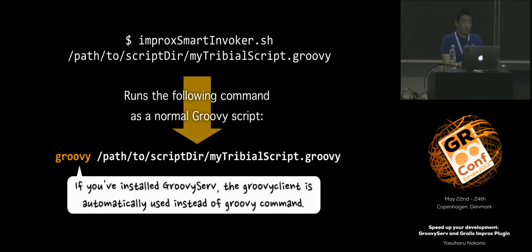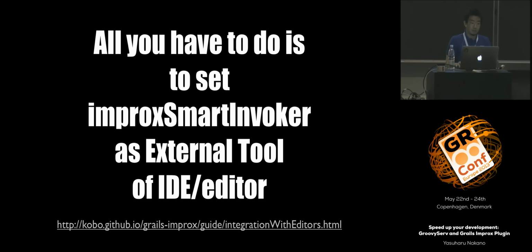In addition, if you install GroovyServ, the Groovy client command is automatically used instead of a normal Groovy command. So to make the best use of the Improx plugin, all you have to do is set the Improx Smart Invoker script as an external tool of your IDE or editor.